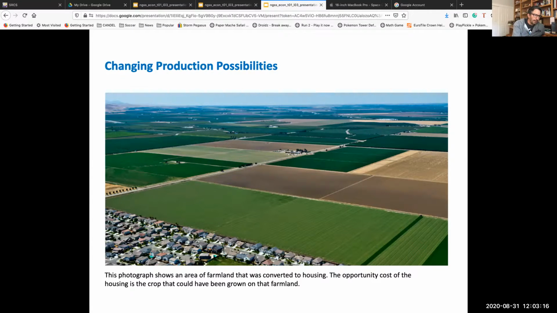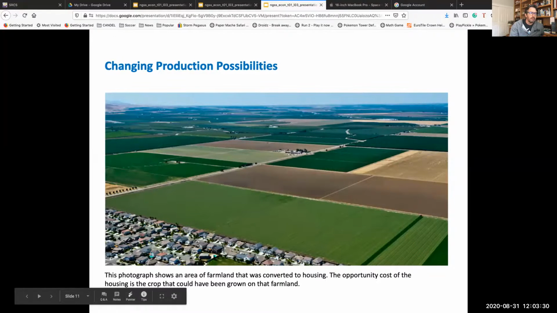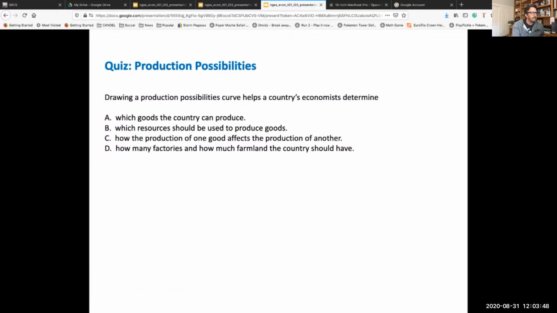And in a very real scenario, the people who own these plots of land, the farmers, might have been approached by housing developers saying, hey, I'll give you X number of dollars if you sell me your land, right? So their opportunity cost for farming could be considered selling it off to a housing developer, right? Maybe if that is their best alternative.